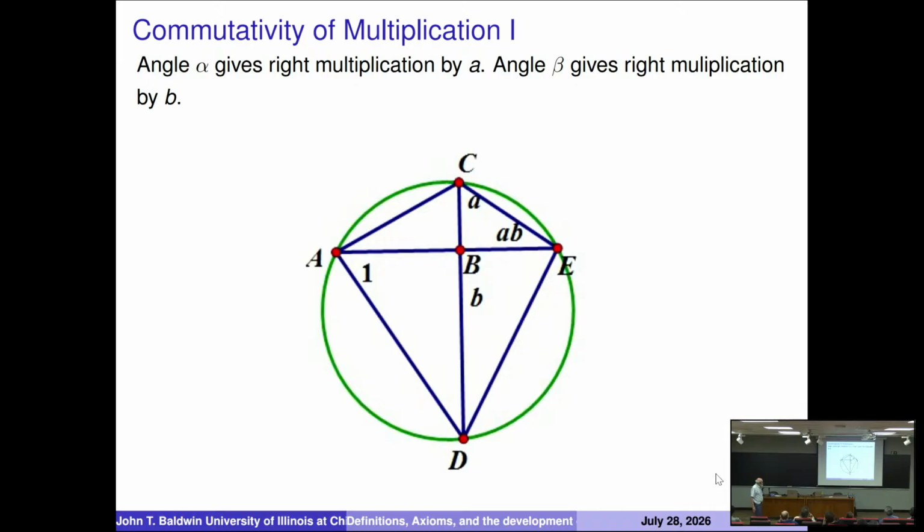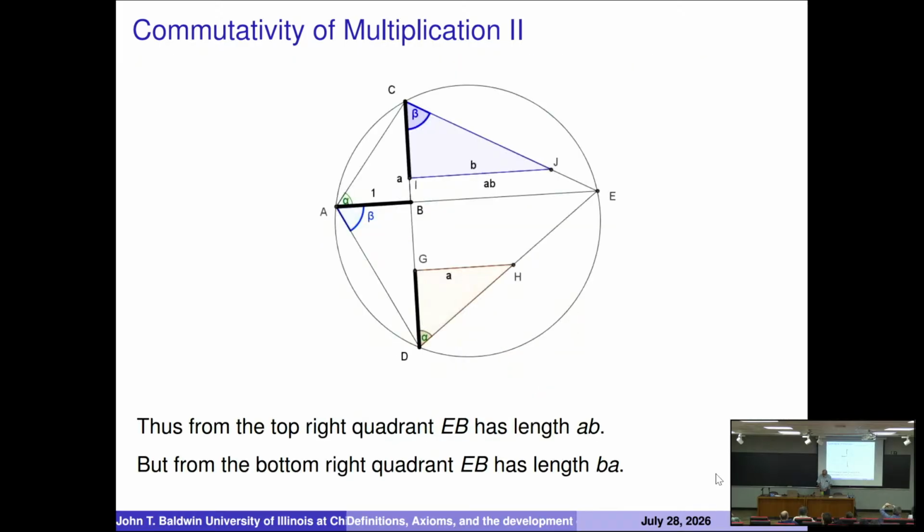And this is the kind of argument that you can have in a high school geometry book, probably one that's in the book, not one you're asking the students to do. And then with it, you get the commutativity of multiplication.